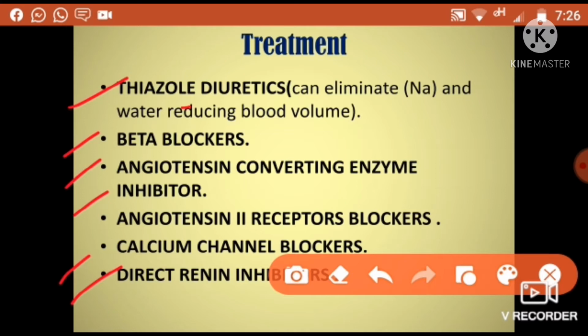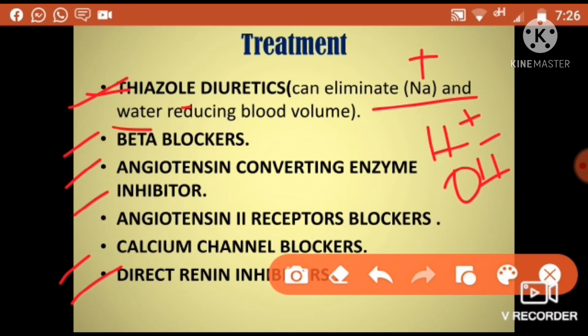Thiazide diuretic is the most common in our society, and doctors prescribe this. What can this do? This can eliminate sodium ions and water, H2O, meaning H positive and OH negative ions, from the blood, reducing the blood volume. Whenever you are removing something from a glass of water, a decrease in volume can be observed.